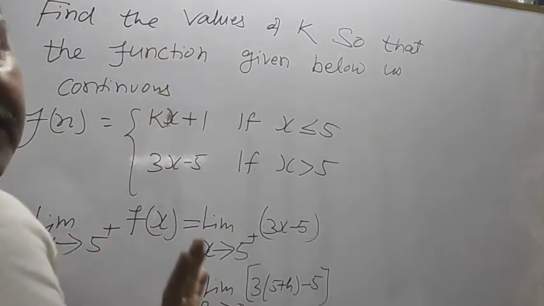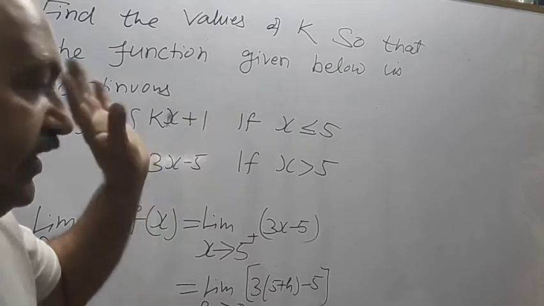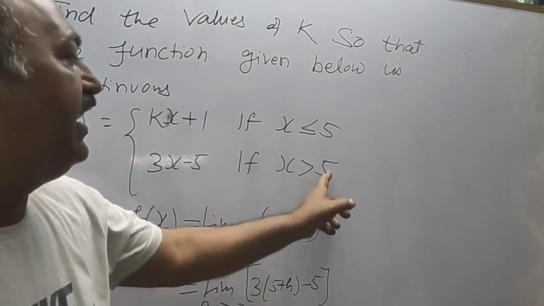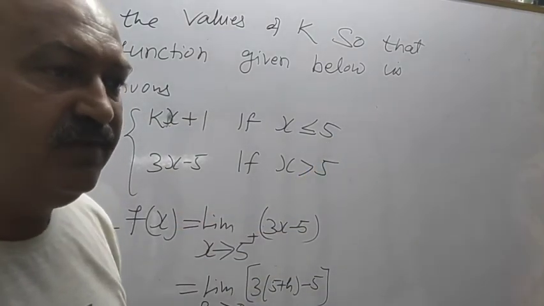Because this function is continuous function, hence it must be continuous at this end point 5.